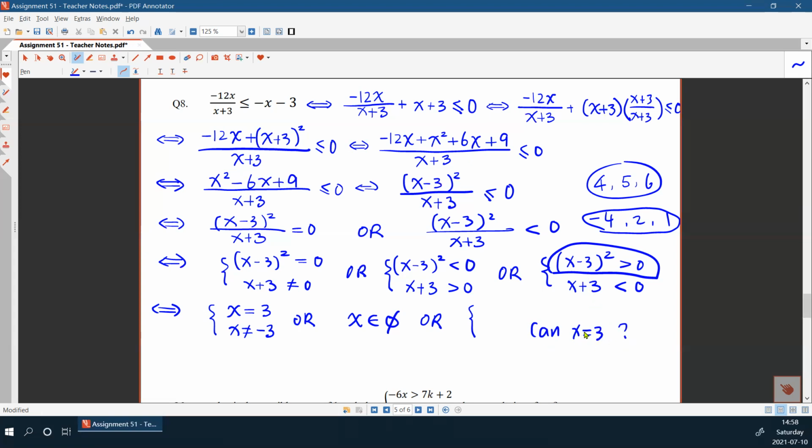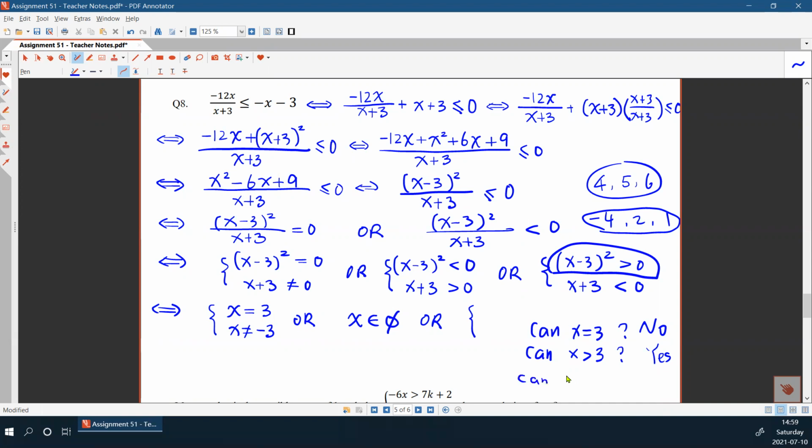Because when x is 3, 3 minus 3 is 0, right? 0 squared is 0. It cannot be greater than 0, right? So the answer is no. So next question, can x be greater than 3? Yes, because when x is greater than 3, x minus 3 is always a positive number. So a positive number squared is also a positive number, right?